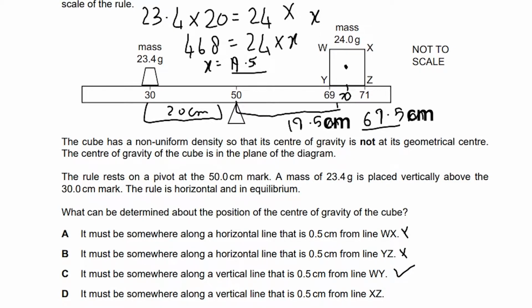Option D suggests a vertical line 0.5 centimeter from the line XZ. This can't be the answer because 69.5 was our answer, and only option C fits that. So C is correct.